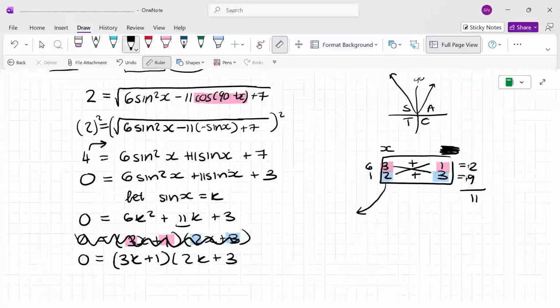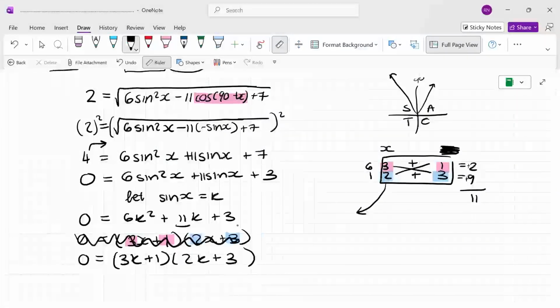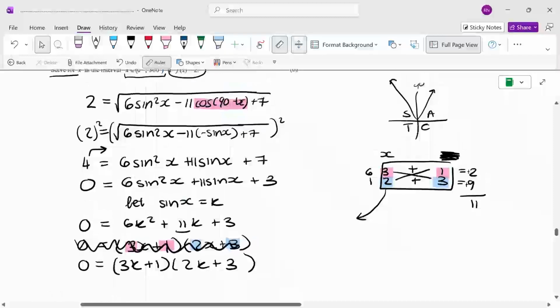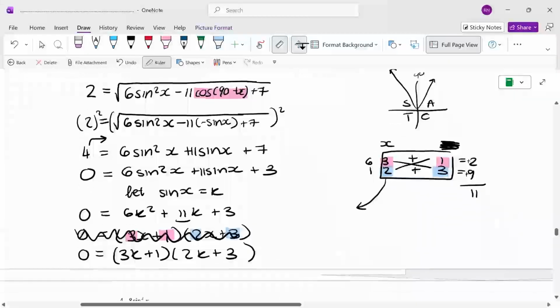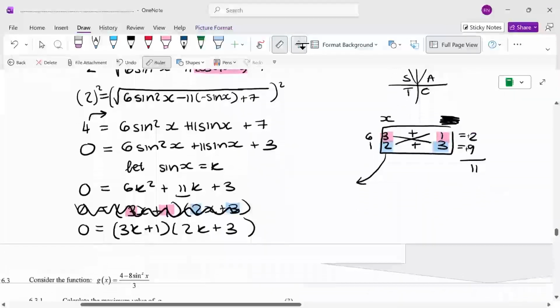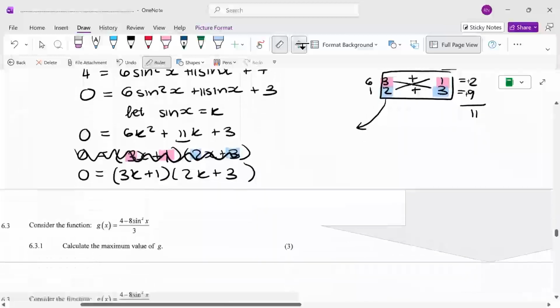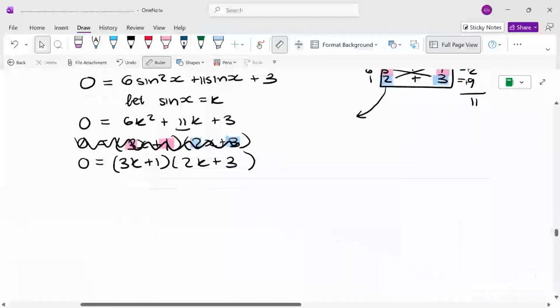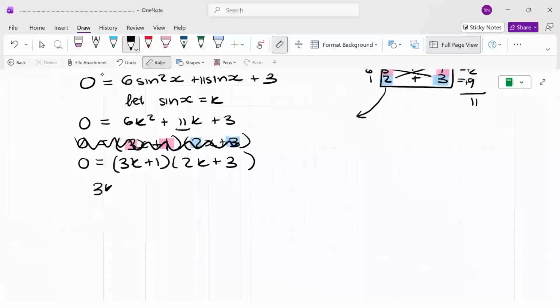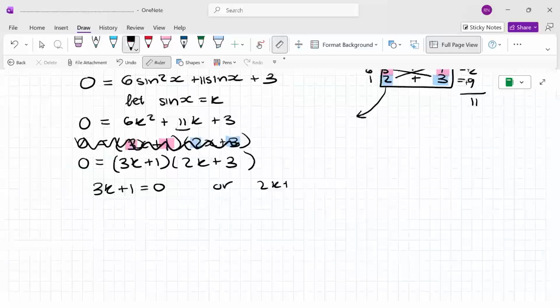Okay. And so now we've got that k is either equal to, let's just do that. Oh, sorry, not k. 3k plus 1 is equal to 0, or 2k plus 3 is equal to 0, right?